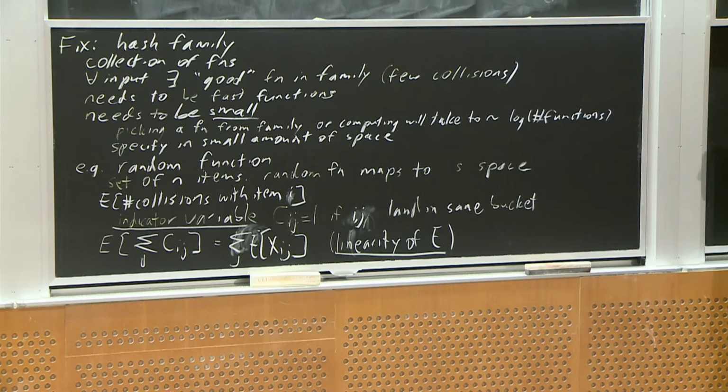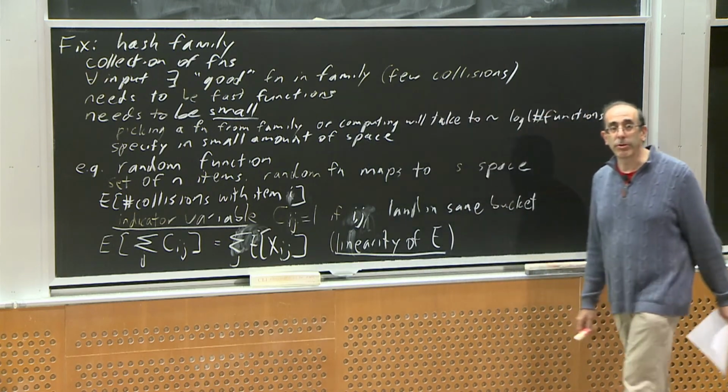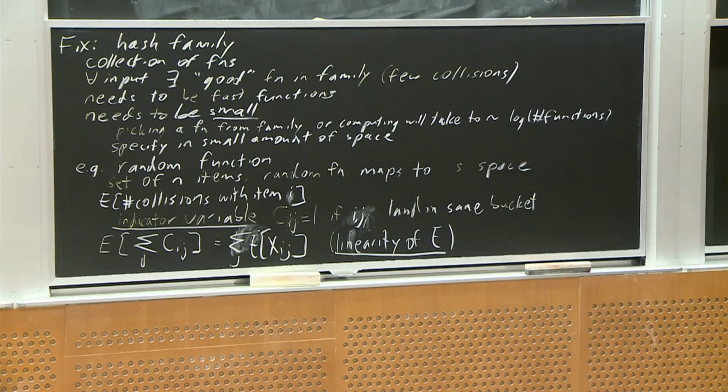Okay. So I've simplified this. Now I just need to know the expected value of one of these indicator variables. So what's the expected value of Xij?